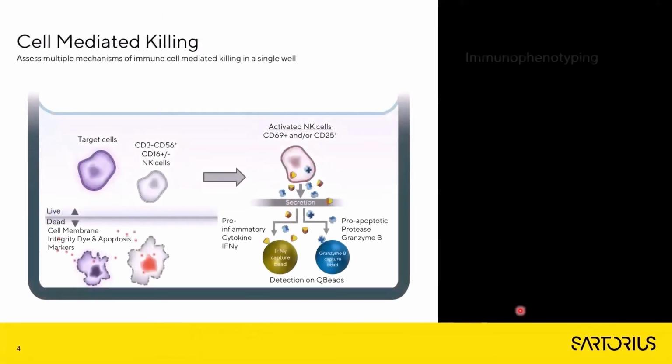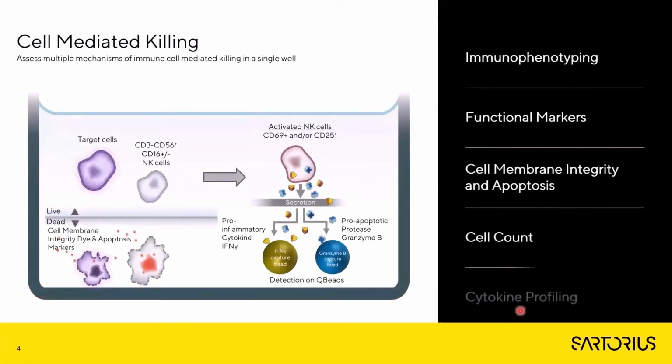Now, if we look at an example immune cell killing assay, in this example, we have NK cells. There are a variety of different reporters in which we're interested. So we have our targets and our effector cells, and we're interested in immunophenotyping those. We're interested in functional markers, such as markers of activation in NK cells, CD69 and/or CD25.